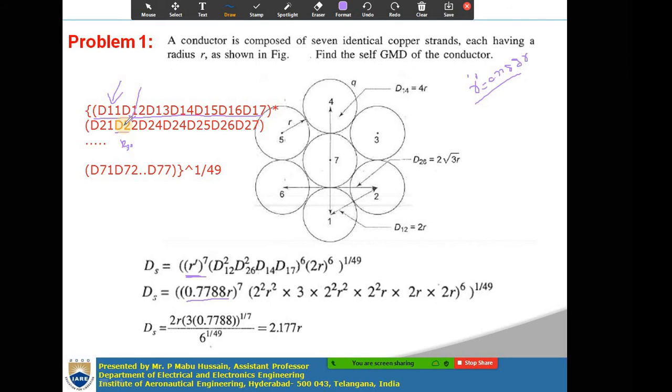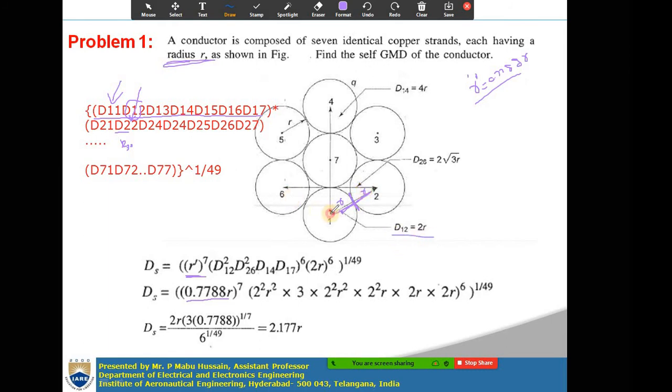Now if you take the second term, D12 is the same as D21. Each conductor has a radius of R. So from here to here it is R, and from here to here it is R. So distance D12 is 2R.